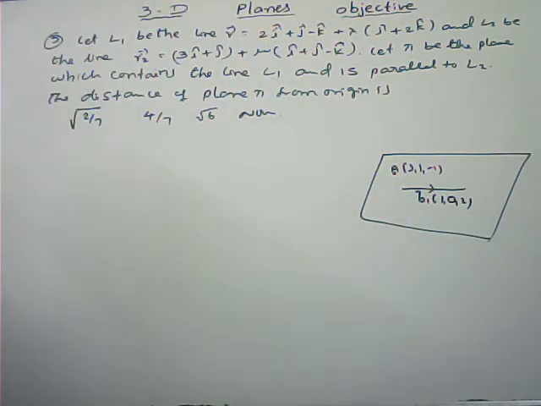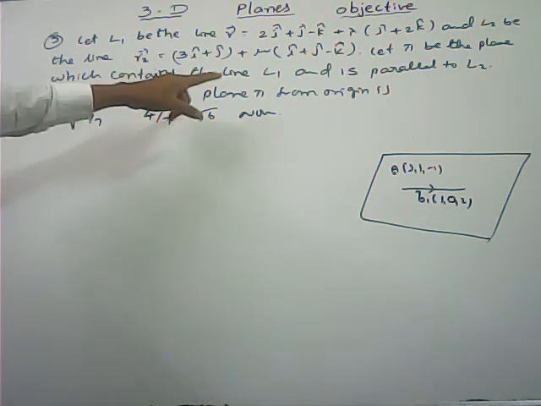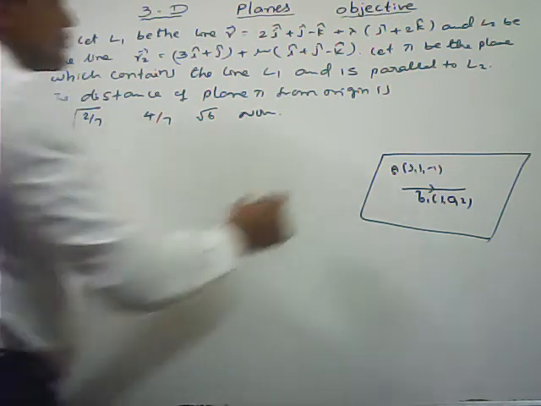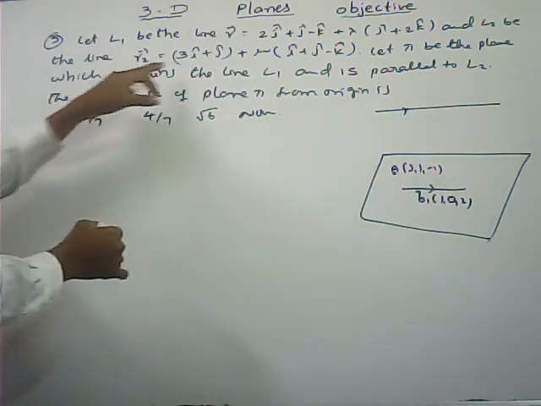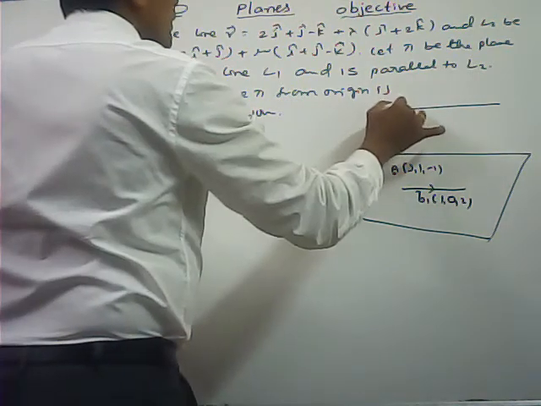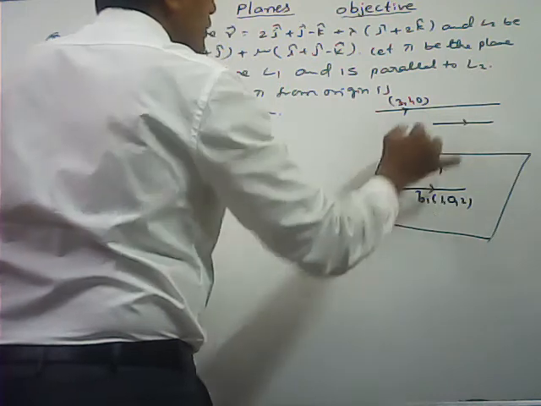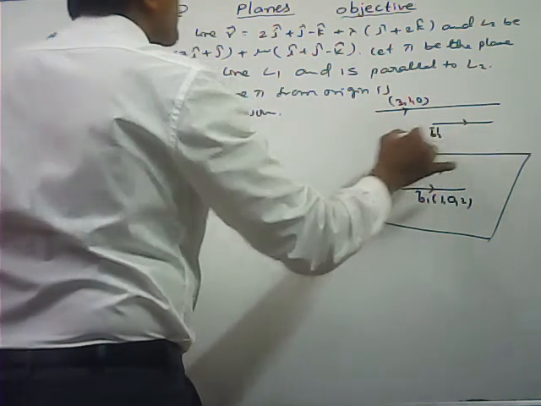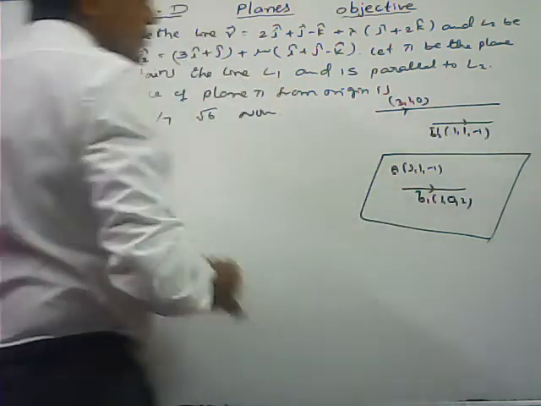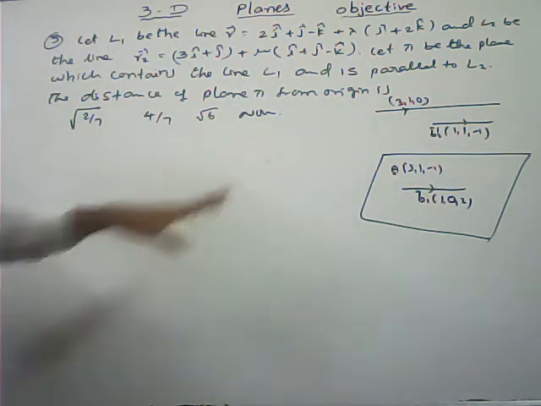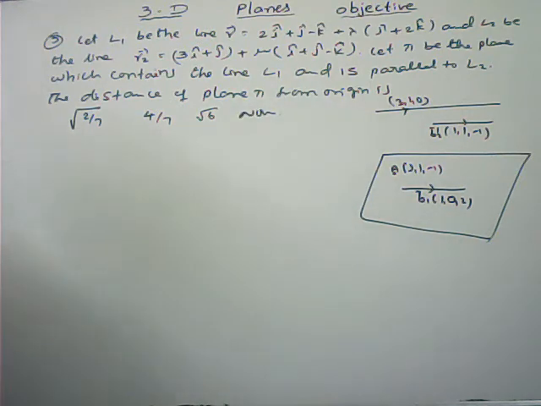The plane contains that line and is parallel to L2. So L2 passes through the point 3, 1, 0 and is parallel to this one. I am taking this as B1 bar, and this is B2 bar: 1, 1, minus 1.